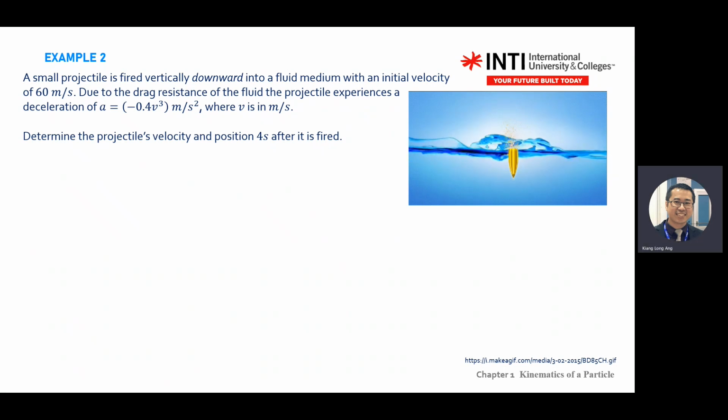Now, just to recap, for your assessment, your question consists of 3 sections. Let's say you have 25 marks. Section A will be definition or free body diagram. If you're not sure what a free body diagram is, go back to your statics and study again.